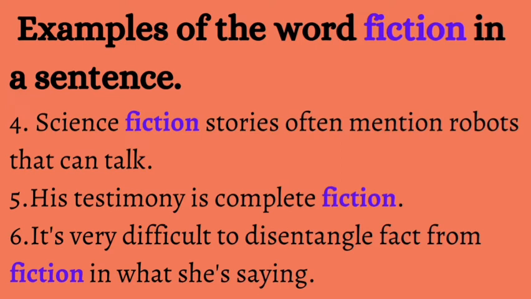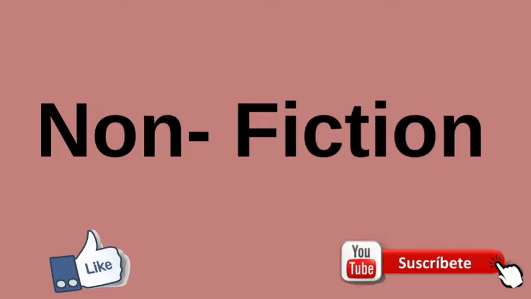Number six, it is very difficult to disentangle facts from fiction in what she's saying. So someone is saying something to you and it's fictional, so it is hard to figure out what the person is saying. Okay, guys? We just spoke about fiction. Now we're going to speak about non-fiction.